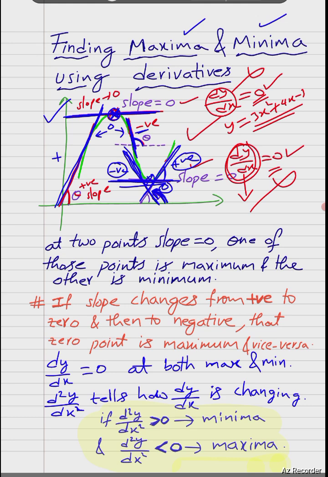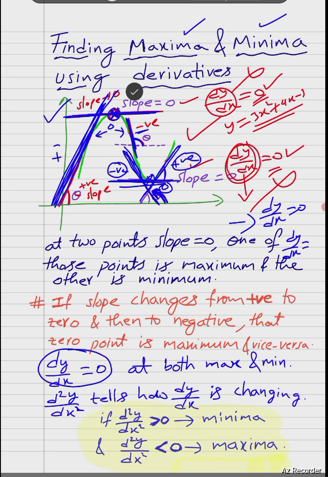So dy by dx is 0 at both places, which means the slope is 0 near the maximum and minimum. But we can verify how the slope is changing. Near the maximum value it is changing from positive, 0, and then negative.